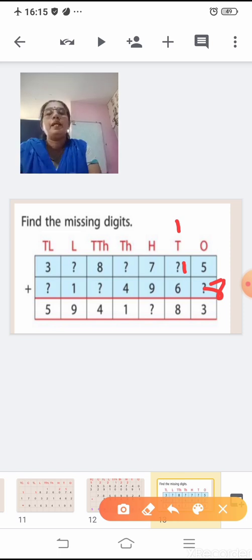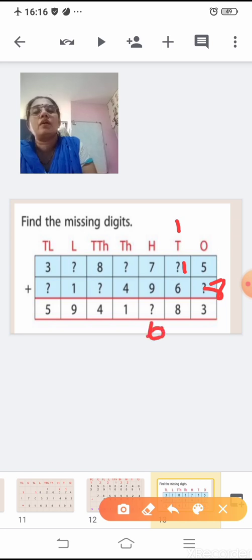Now in the hundreds place, 7 plus 9. Here you can directly add the numbers. It will be 16. So 1 I have carried to the thousands place. Okay. Now see the number in the thousands place. The number in the thousands place is 1, which is smaller than the number 4.